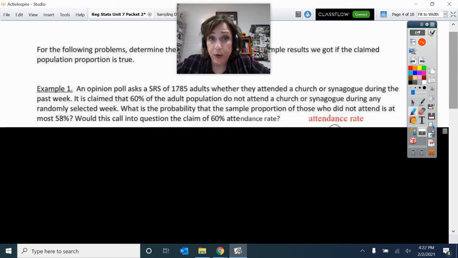So we take a sample. What's the probability that the sample proportion of those who did not attend is at most, got to think about what that is, at most 58%. And does this call into question the claim of the 60% attendance rate?